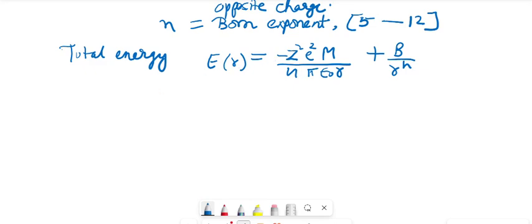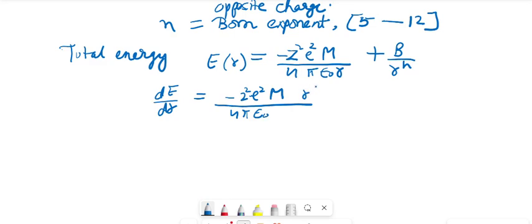So differentiating the above equation with respect to R, what do we get? dE upon dR is equal to minus Z square e square M divided by 4 pi epsilon naught, here R to the power minus 1, so minus 1 into minus 1 according to the rules of differentiation, plus minus n into B into R to the power minus n minus 1.